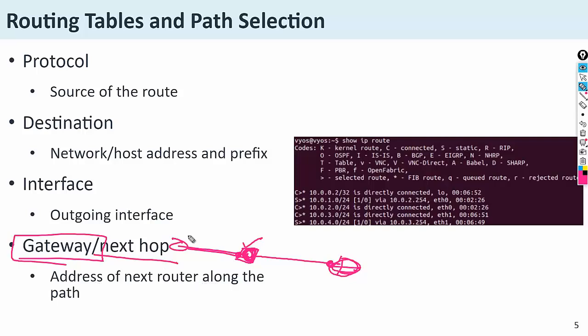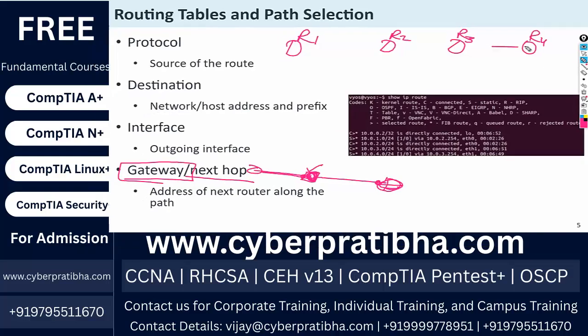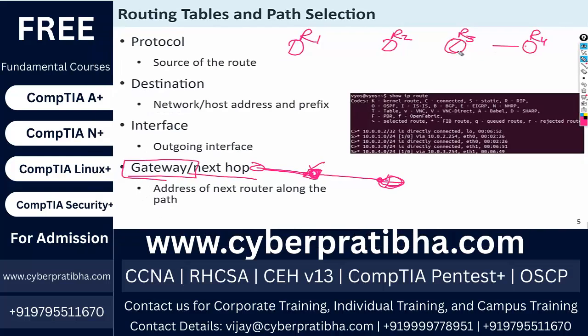Okay. Similar for the example, here is one router R1, another router is R2, another router is R3, another router is R4. So R4 is our next hop for R3 in this flow.